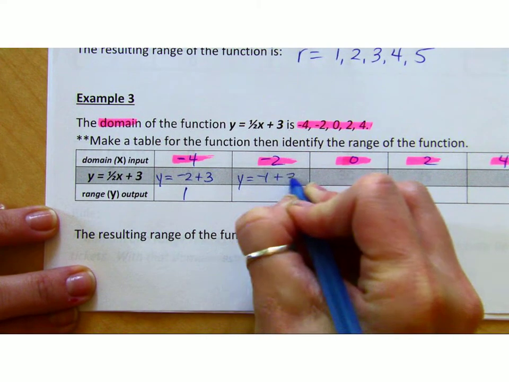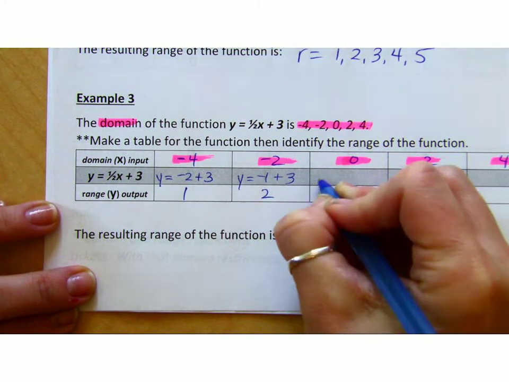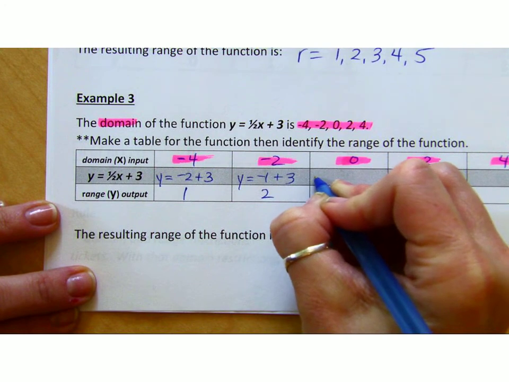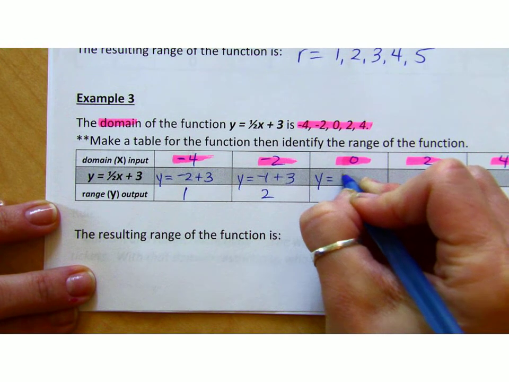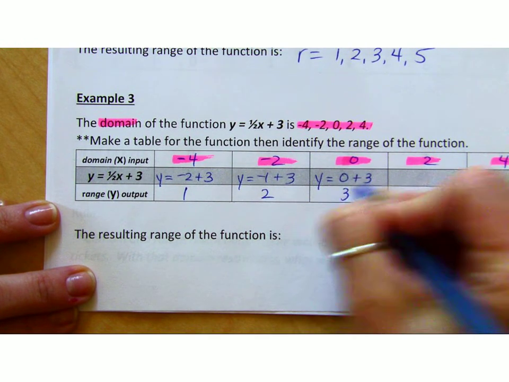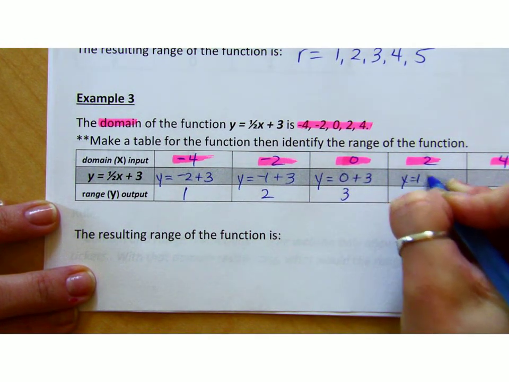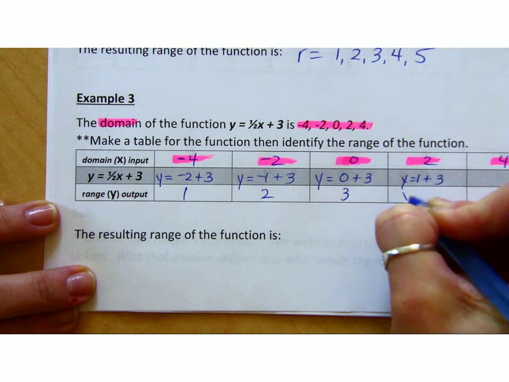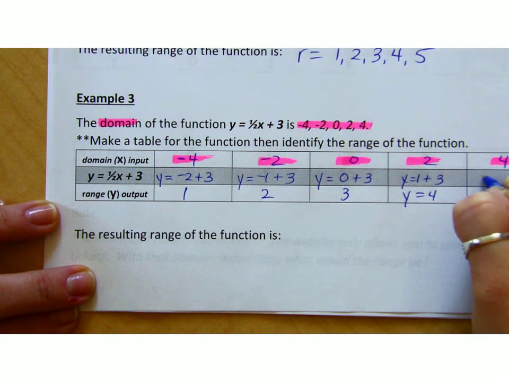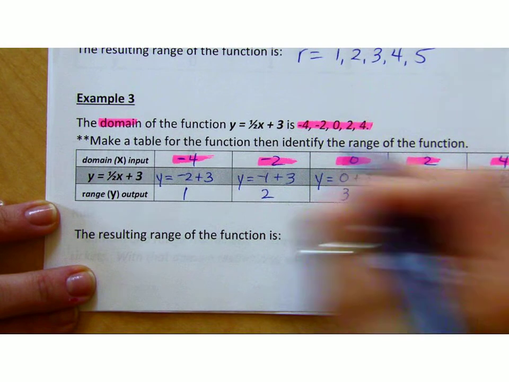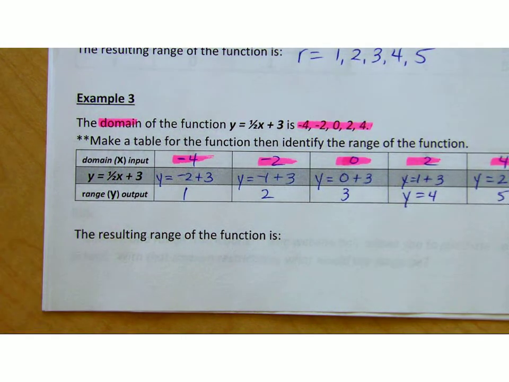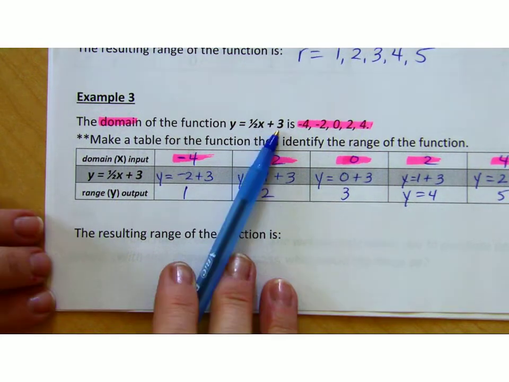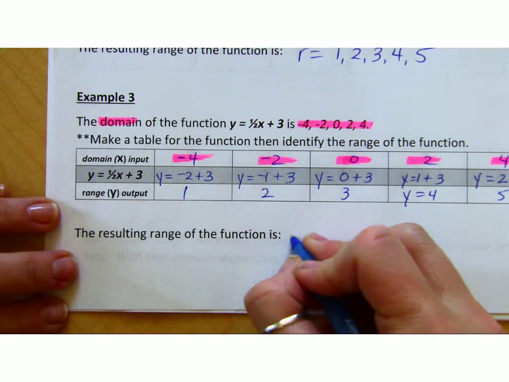What's half of 0? 0. 0 plus 3 more. Half of 2. And then half of 4 is 2 plus the 3 is 5. Okay, it looks like the same range as the other one. Total coincidence that I should have just changed that number probably to 2 or something, but that's okay because your range is just 1, 2, 3, 4, and 5.